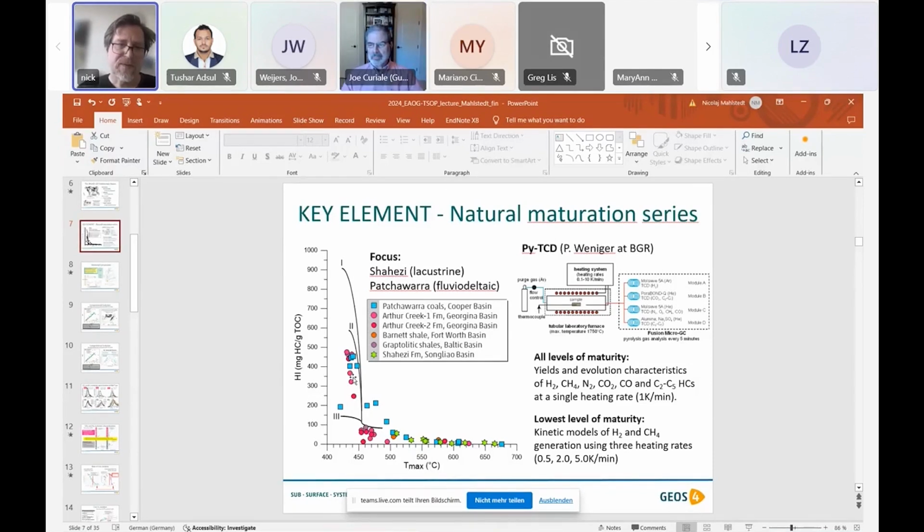I think those dots at higher hydrogen index are not really indicative of that. I'm not even sure if that is really the Patchawarra Formation coal samples or if that is a miscoloration here. So it was just normal humic type 3 coals. Okay, the vitrinite-rich coals. Okay.